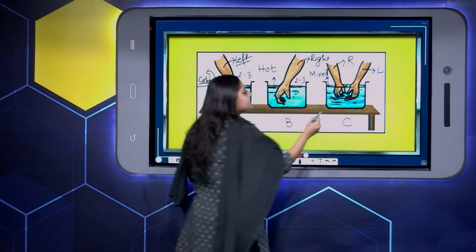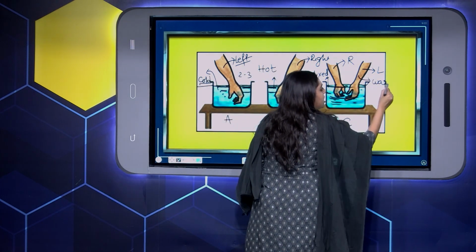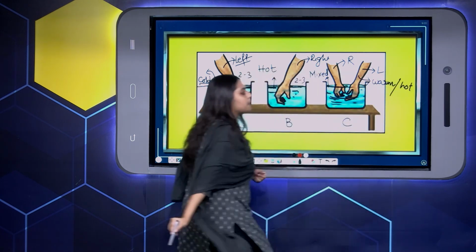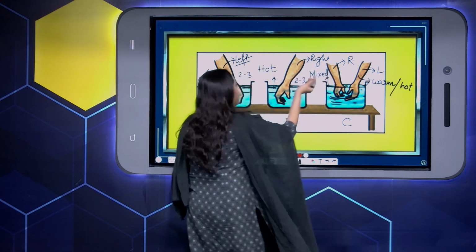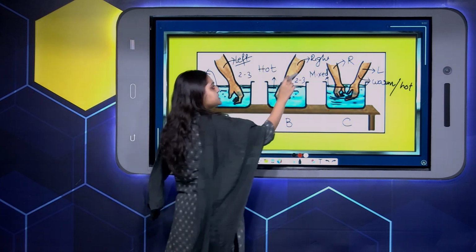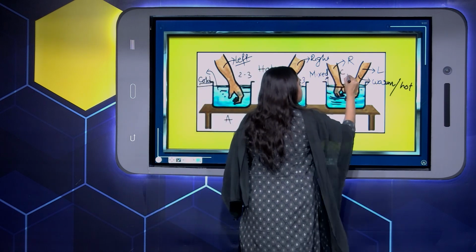So this left hand is now feeling warm or hot. Clear? But this right hand was earlier hot. Now when dipped in the water, it feels cold.